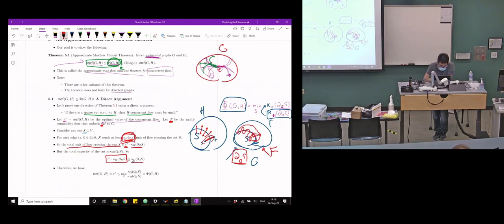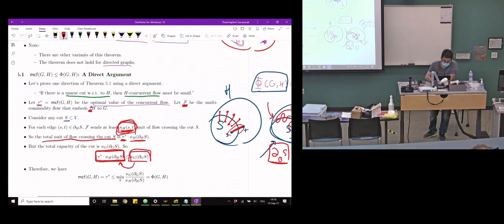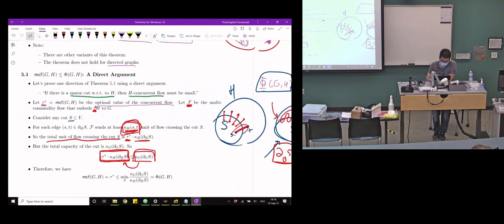The capacity must be at least that, because the flow is feasible.